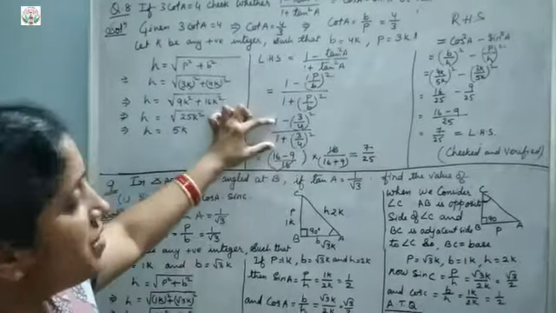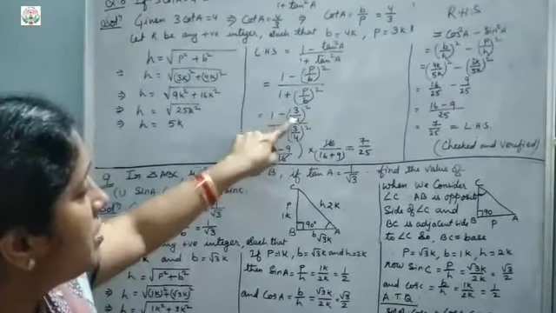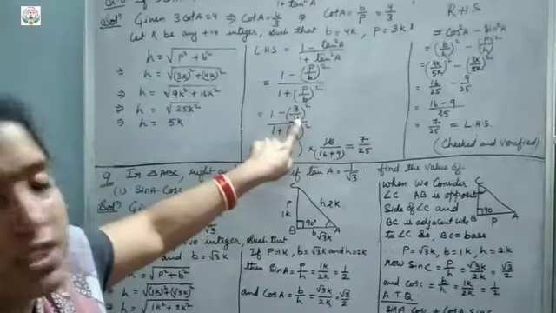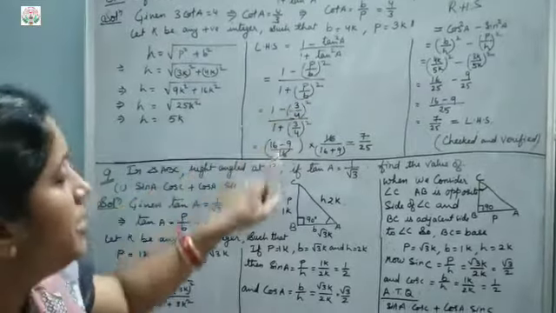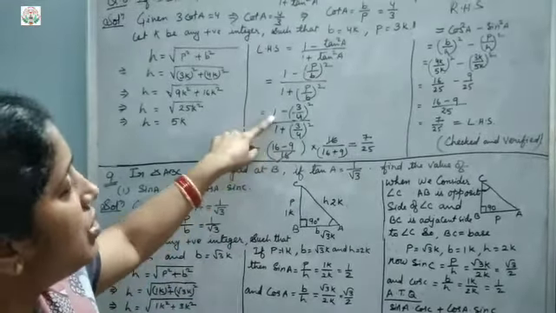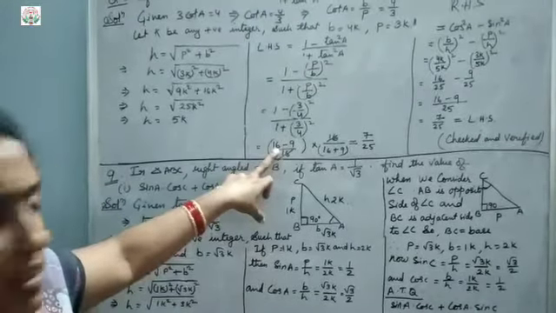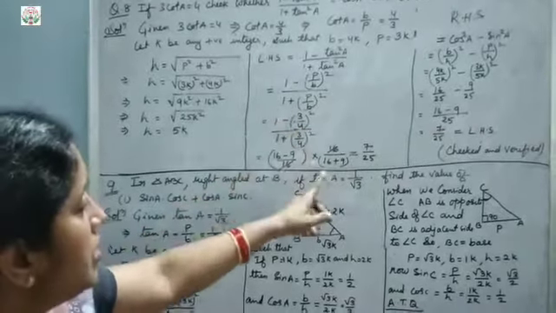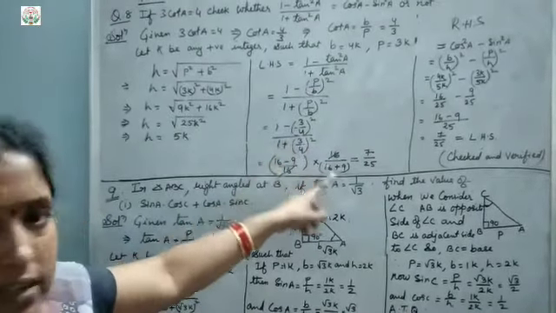Okay. Now this we can bring into reciprocal form. Here take the LCM. 4 square will be 16, 3 square will be 9. So LCM will be 16 only. So with 16 as LCM, the numerator we got is 16 minus 9, and the denominator is 16 plus 9.